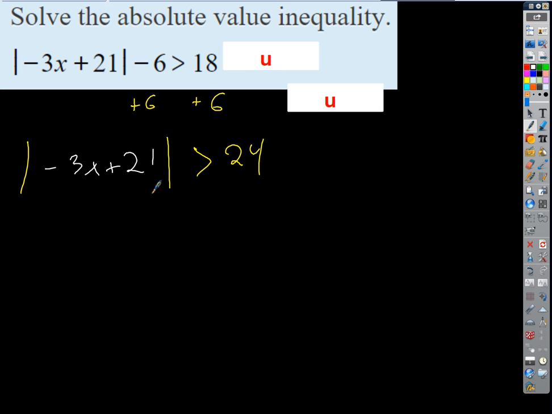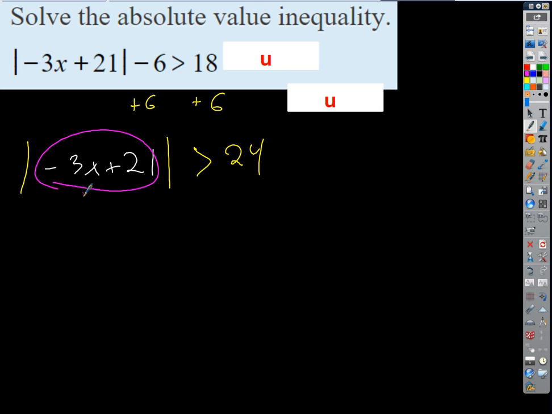Now here comes the trick. If I have an isolated absolute value greater than or less than or equal to, I know that whatever's inside, I'm going to do something with. What do I do here? If the absolute value is greater than a number, then it's got to be extreme. Think about numbers that would work. Would 30 work?